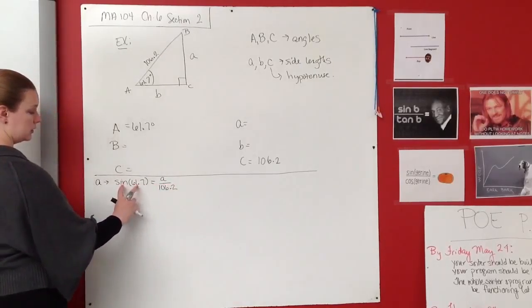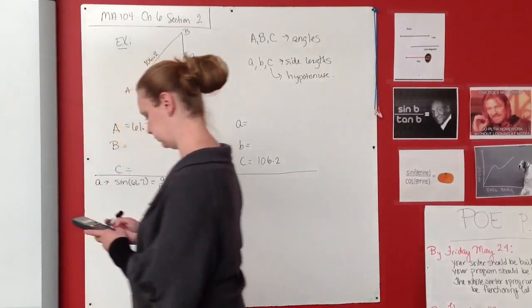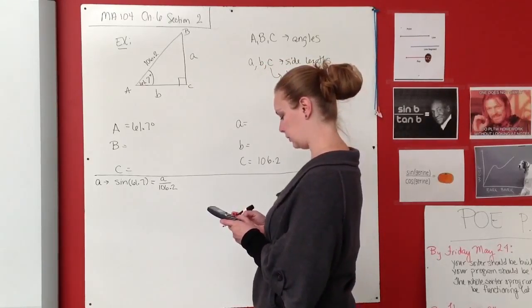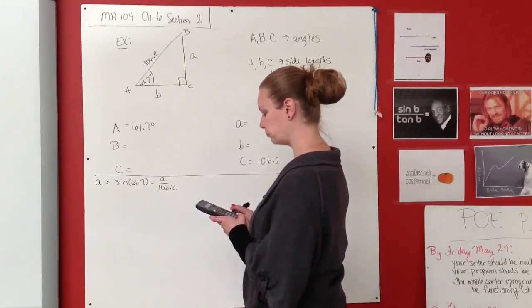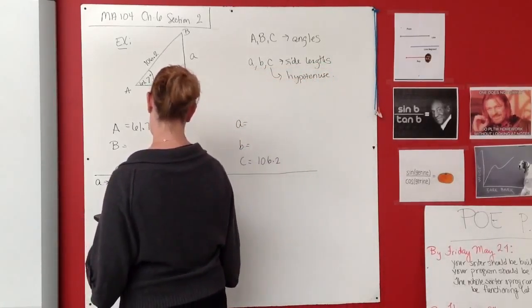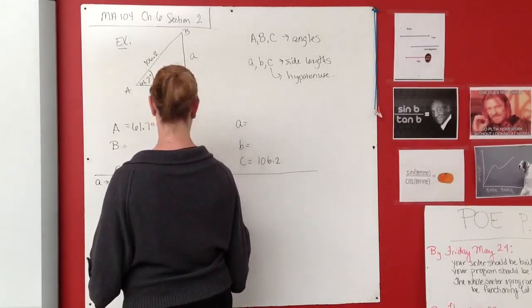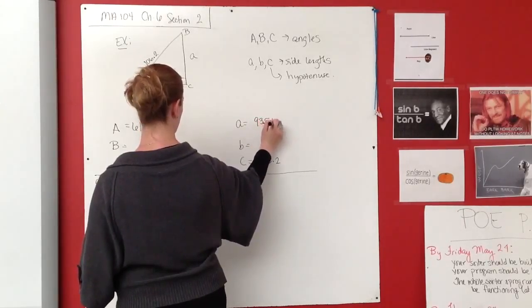Use your algebra skills, find the sine of this first, multiply both sides by 106.2. At this point, it's okay to make approximations. We'll start working on exact values shortly. And we end up with a having a measure of 93.51. Right now, again, don't worry about the units.